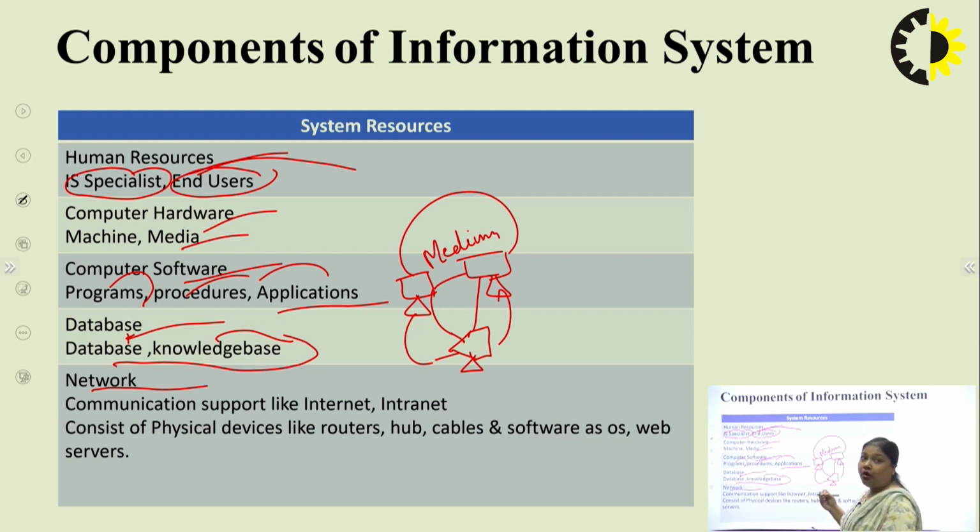When we talk about a particular organization, it works through intranet. And if we talk about the whole world, outside an organization, it works by internet. So the communication medium is internet.